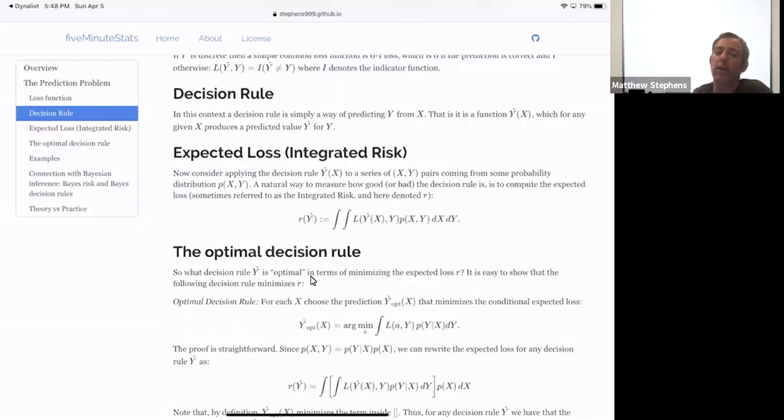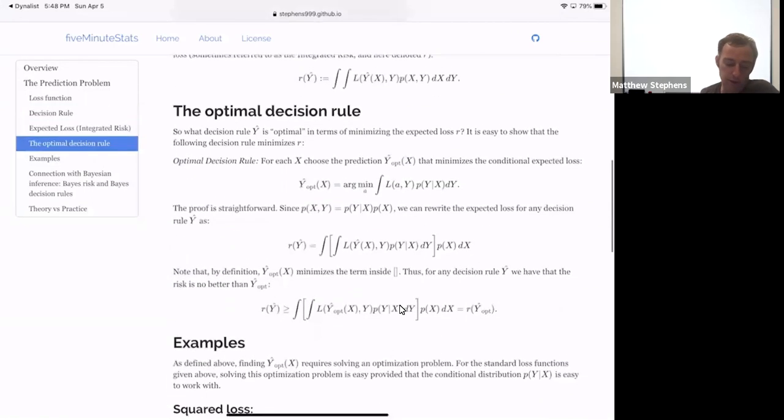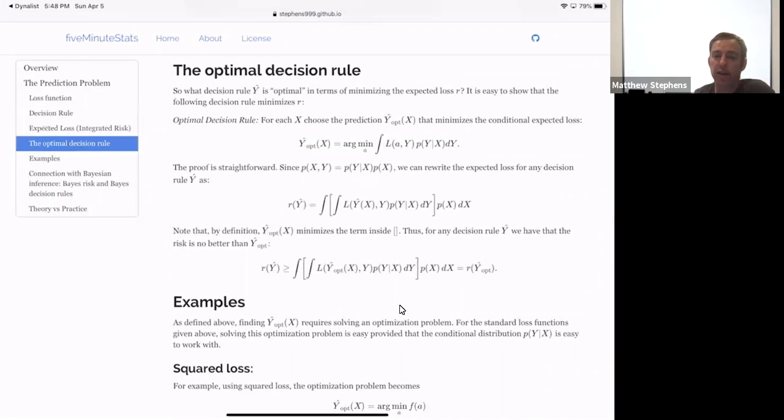Okay. And it's not hard to show that the optimal decision rule is this one here. The optimal decision rule is the one that minimizes what we previously called the posterior expected loss. How do we define y hat opt here? Given any x, we compute the conditional distribution P of Y given x.